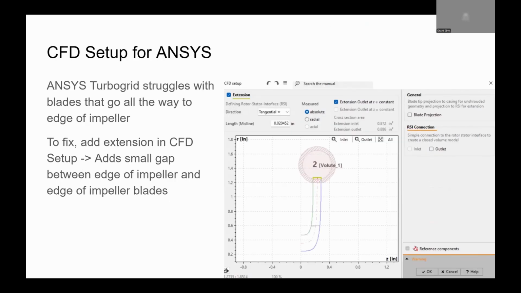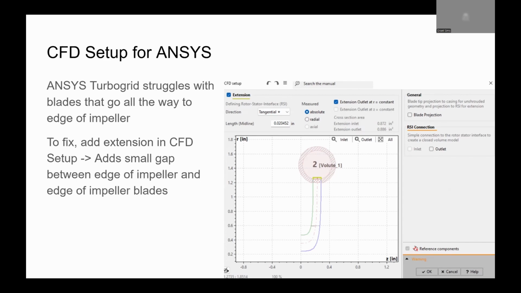And then for running in ANSYS, we're going to get into this. When you are in CF Turbo and you're trying to set up an ANSYS run, you'll want to add an extension to your impeller, because if the blades go right to the edge of the impeller, then Turbo Grid in ANSYS can't handle it.